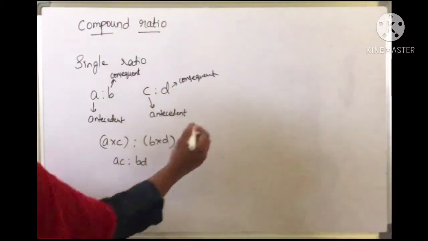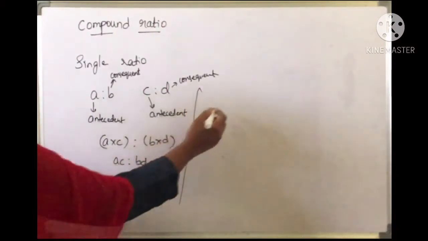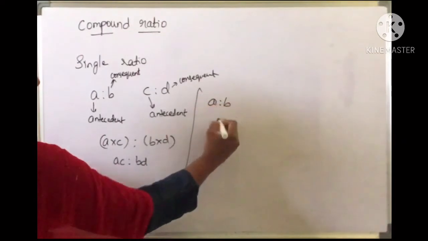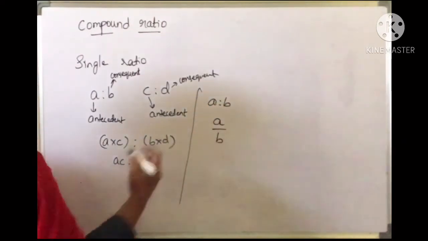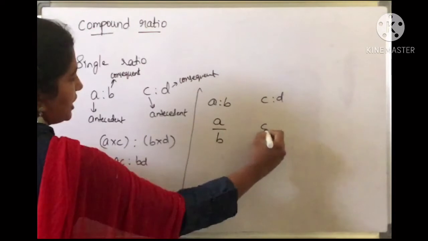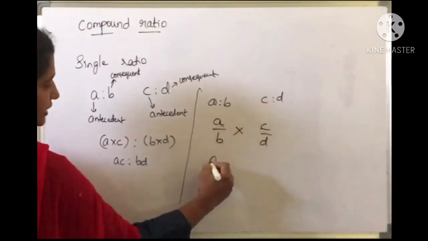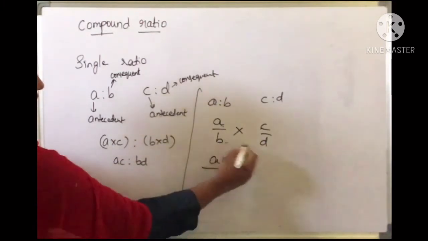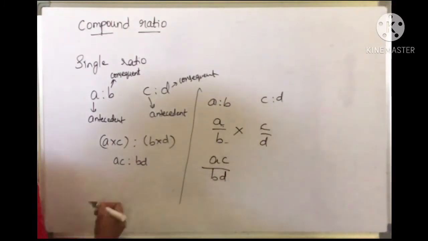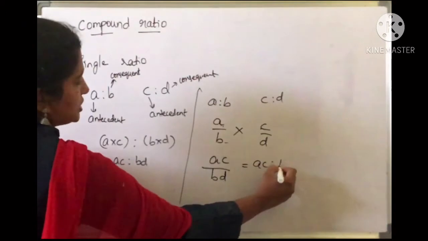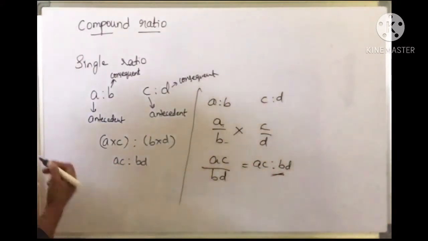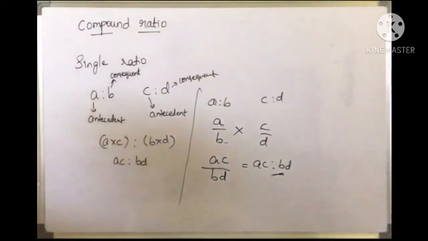If you take it as a fraction, children, A is to B can also be written as A by B, and C is to D can also be written as C by D. So when you multiply both the antecedents, AC, and both the consequents, BD, then AC is to BD is the compound ratio of these two ratios.